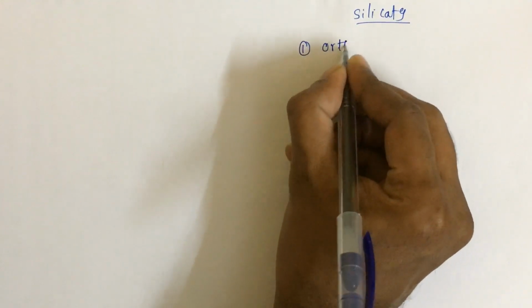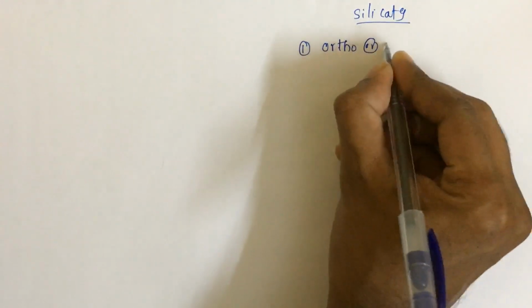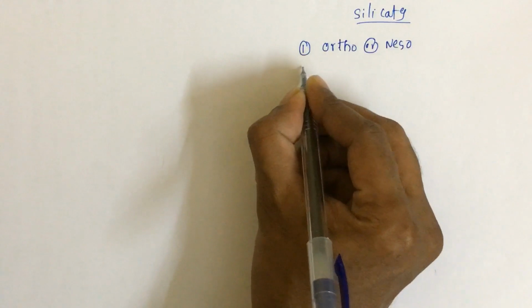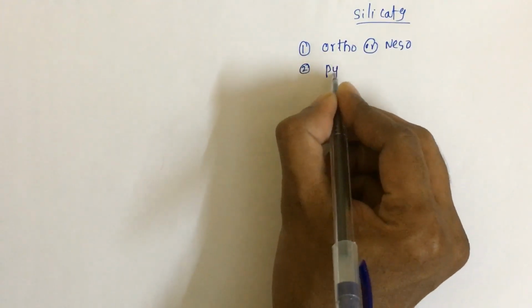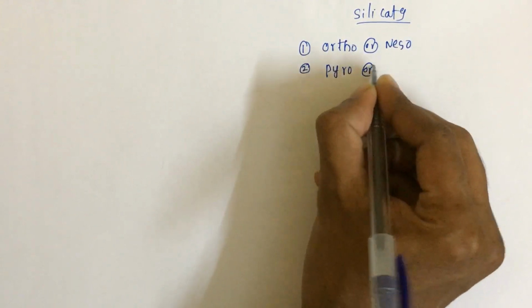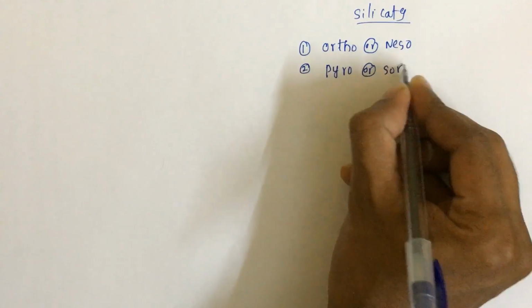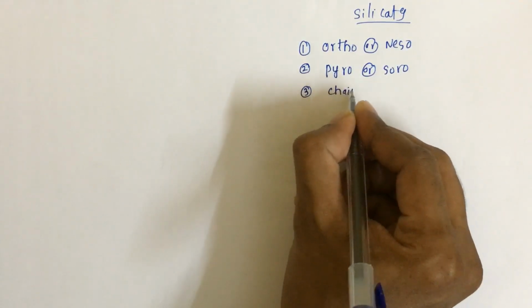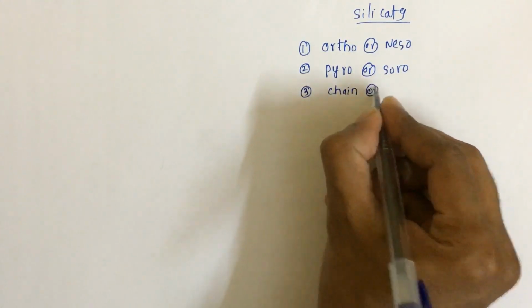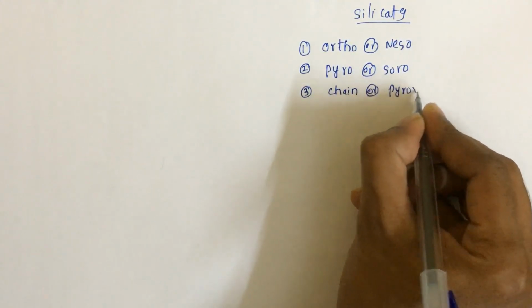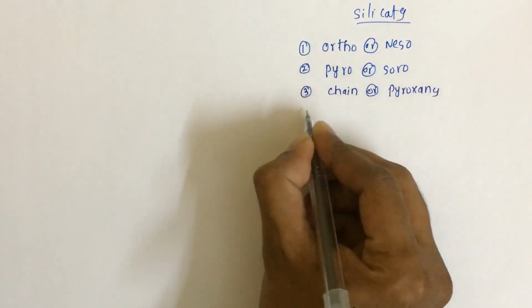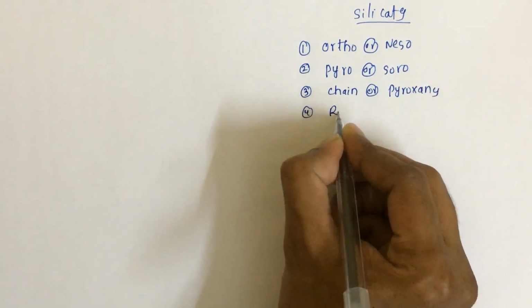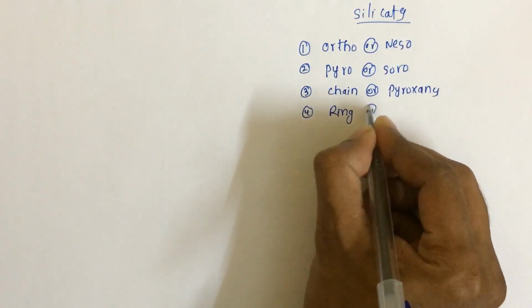The first one is ortho, also called nesosilicate. The second one is pyro, also called sorosilicate. The third one is chain silicates, also called pyroxenes. The fourth one is ring or cyclic.